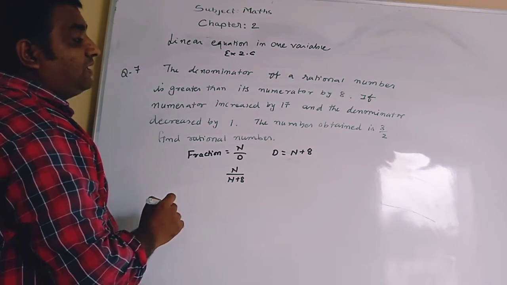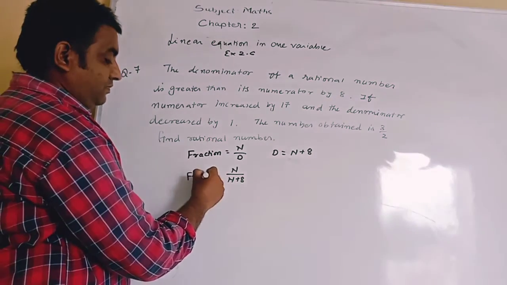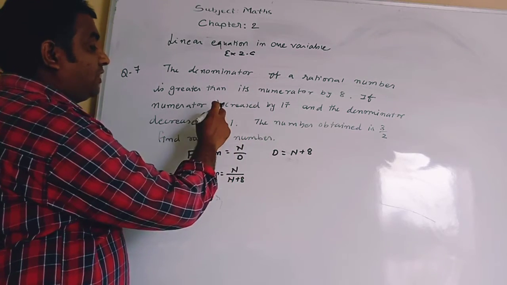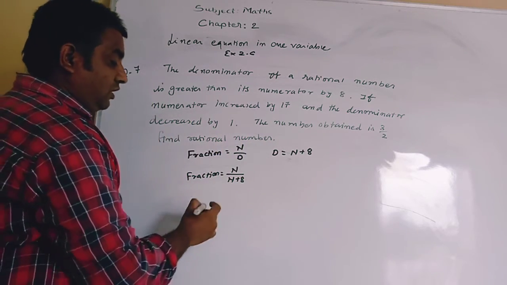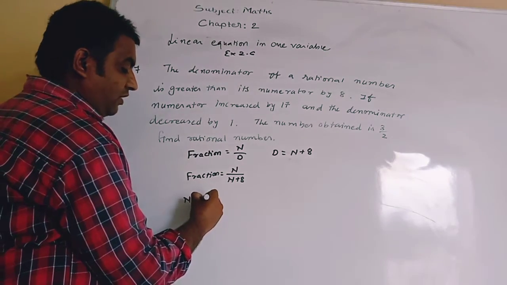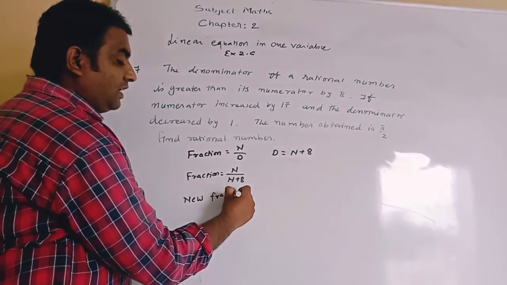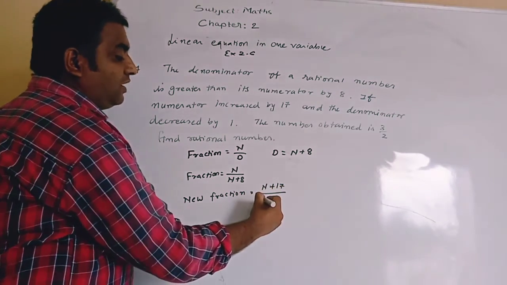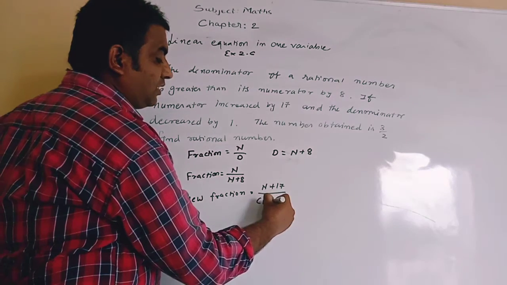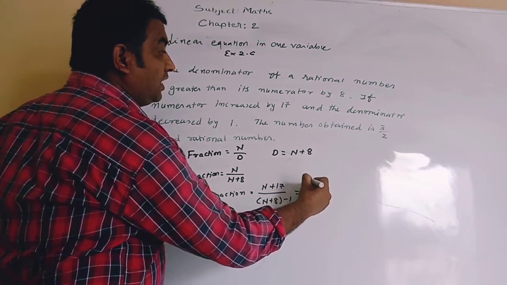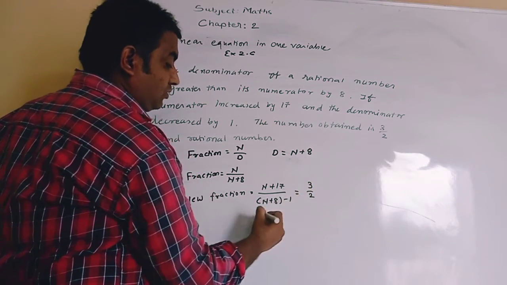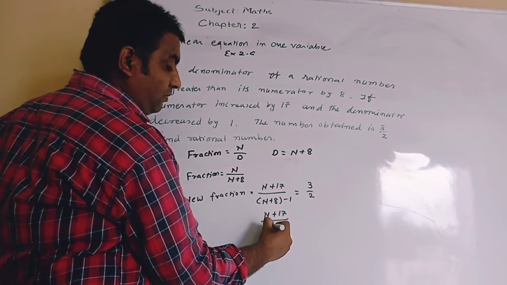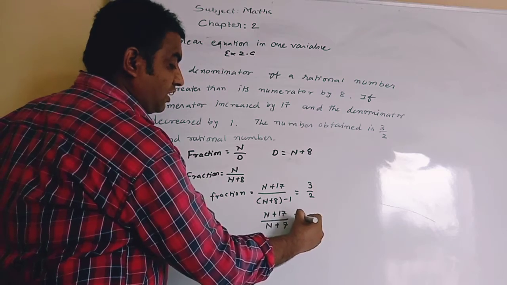Now it is given that if we add 17 to the numerator and decrease the denominator by 1, the new fraction is (n plus 17) by (n plus 8 minus 1), which gives 3/2. So we have (n plus 17) by (n plus 7) equals 3/2.